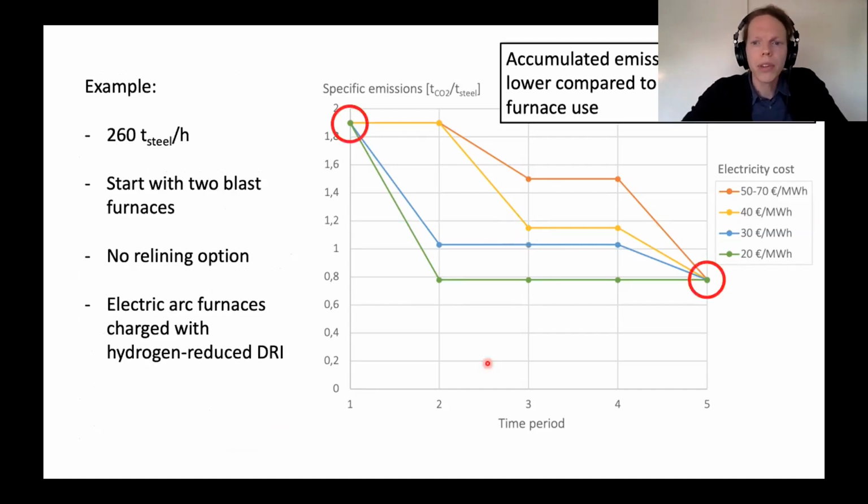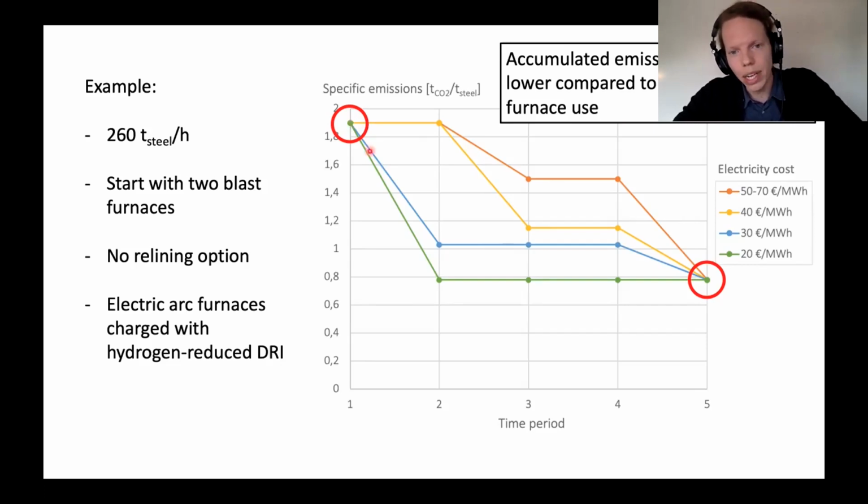And we can compare the accumulated costs and emissions during this optimization. So even though we start at the same point in all of these solutions, comparing with a situation where we would have continued using blast furnaces, we see that in this most expensive solution we had 20% lower accumulated emissions over this 25-year period.